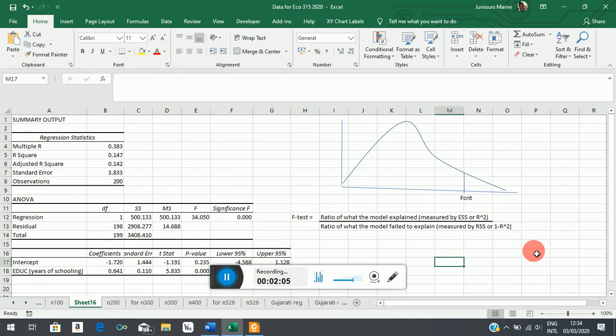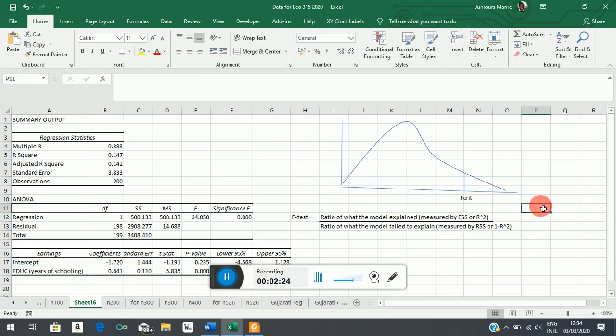But what we know is that the model we used to explain the variation in earnings, where our dependent variable is earnings here, only had one explanatory variable.